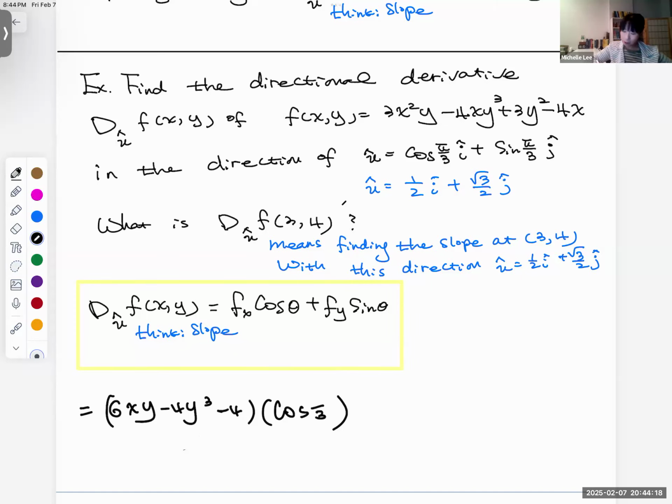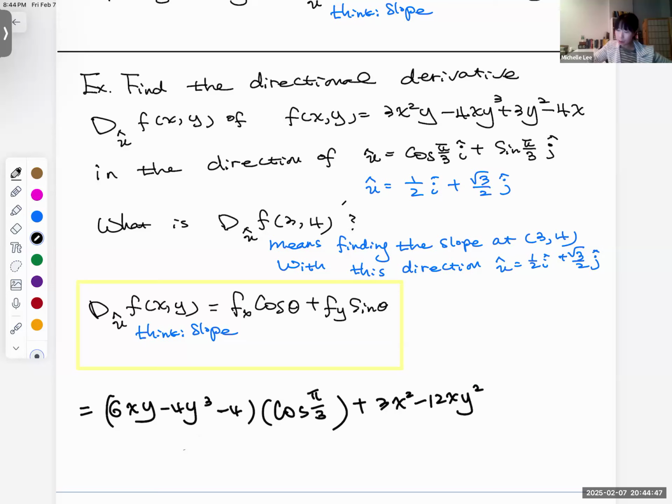Negative 4 pi missing. That's it, right? Okay, second term we have plus 3x squared, since x is constant, so we keep the 3x squared, and partial derivative with respect to y, so negative 12x, right? y squared, yes, good.